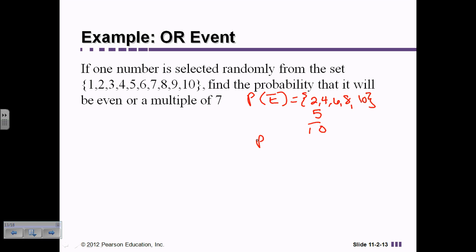The probability of a 7, well, there's only one number that is a 7, so the probability of drawing a 7 would be 1 out of 10. So when we add those two together, the probability of an even number or a 7 would be 6 out of 10, which reduced is 3 out of 5.